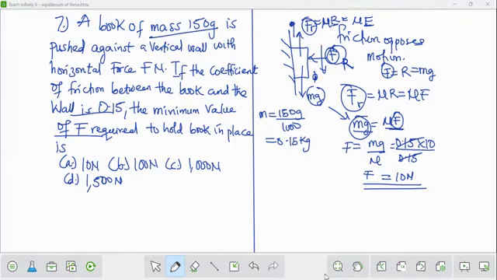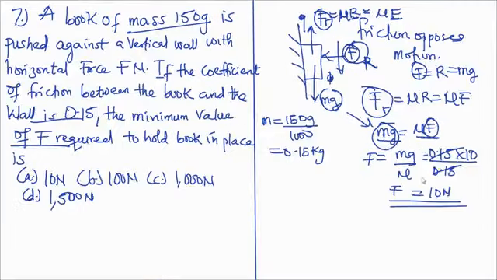How do we get mg equals mu F? We said this Fr, the frictional force, is equal to mu R, and R is equal to F, the force that keeps it in place. So the mu F, I equate it to the mg.